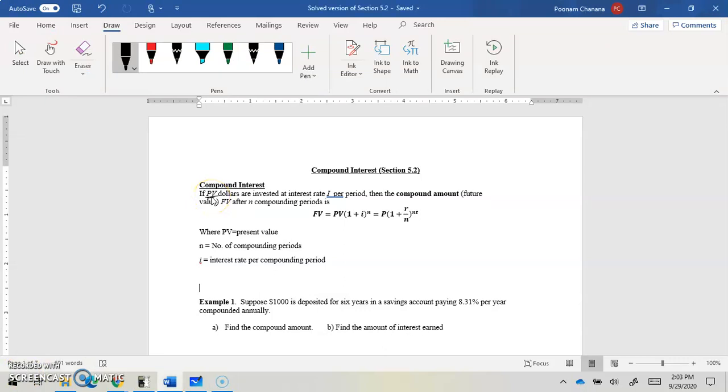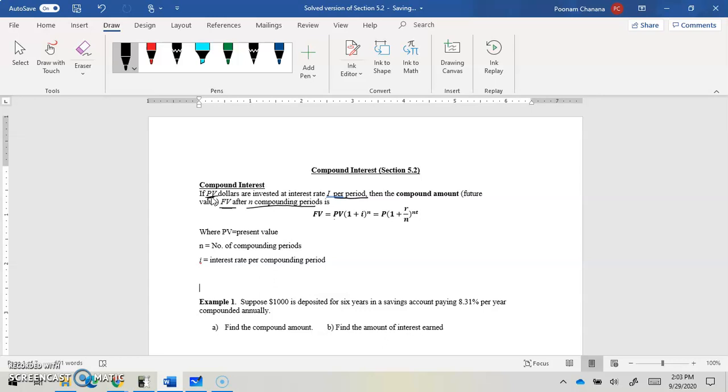If present value dollars are invested at the interest rate I per period, then the compound amount, the future value after n compounding periods, is given by this: the present value times 1 plus I, where I is the interest rate per period, raised to the power n.